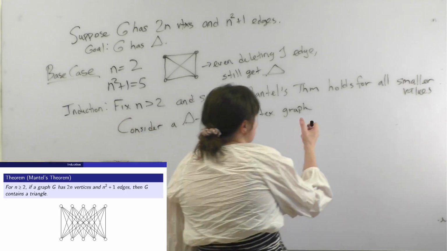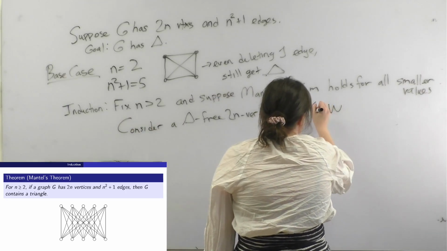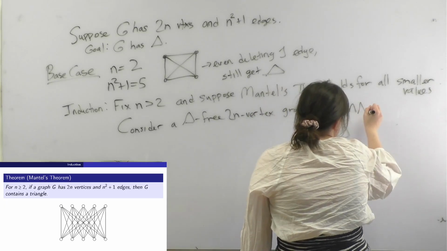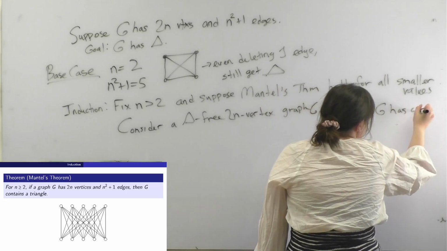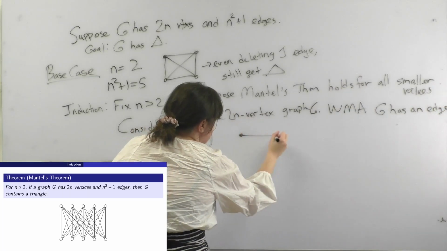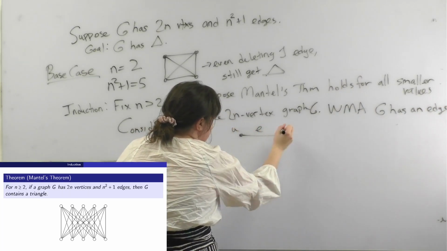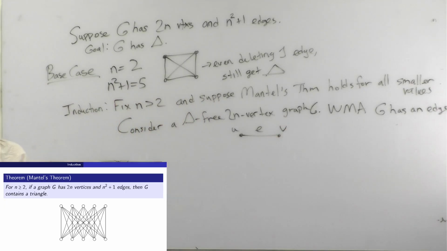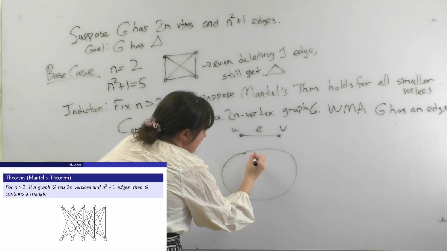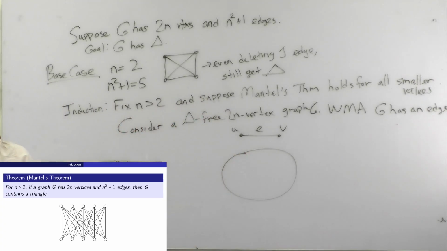So we can assume, I'll call this G, we may assume G has an edge. Here's my edge E. For concreteness, I'll name its vertices. And then there's the rest of G.